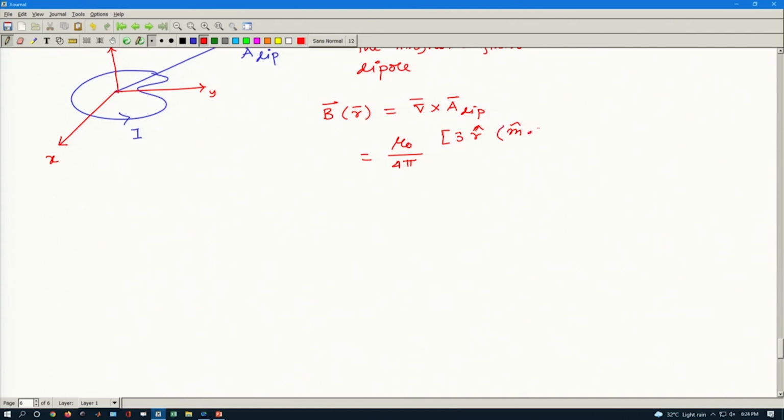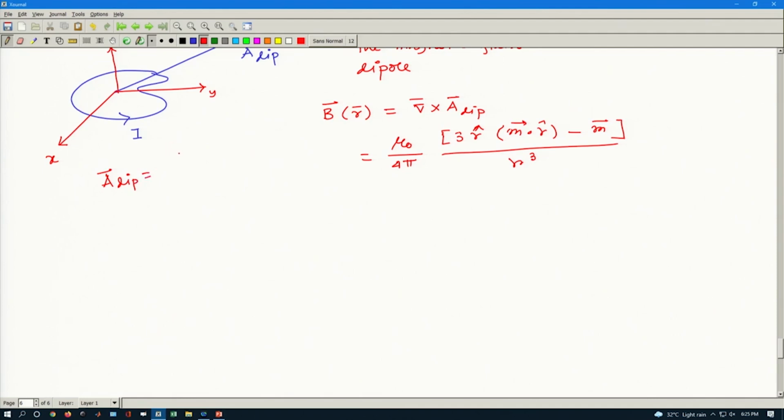This is a homework for you. I like to give this as homework because a similar problem for electrostatics we had, if you remember, and exactly the same expression one can get. So, divided by r cubed. We know what A dipole is.